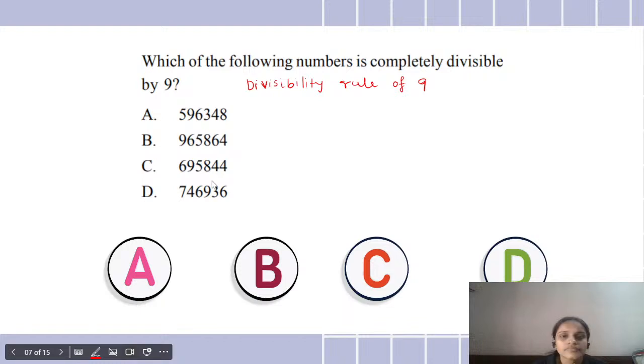Okay. Yes, everybody is giving me the answer C. So let's check whether answer C is correct or not.